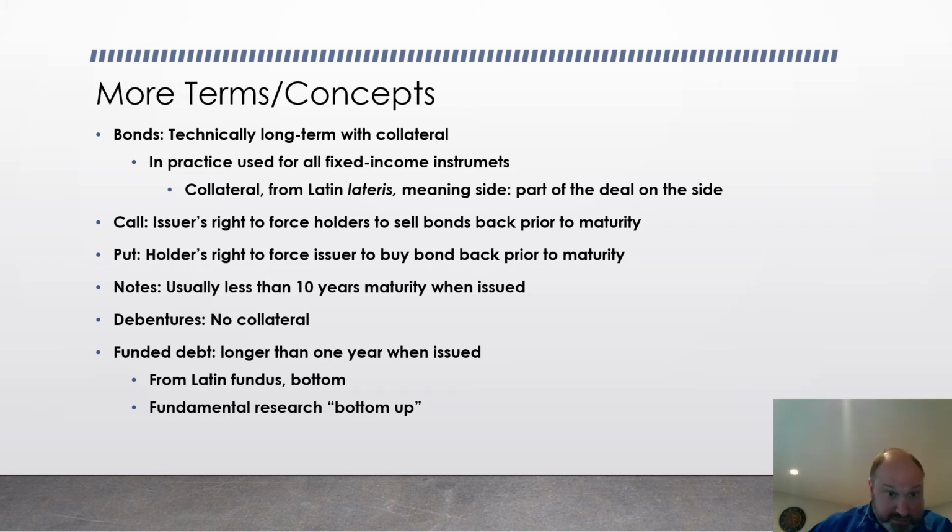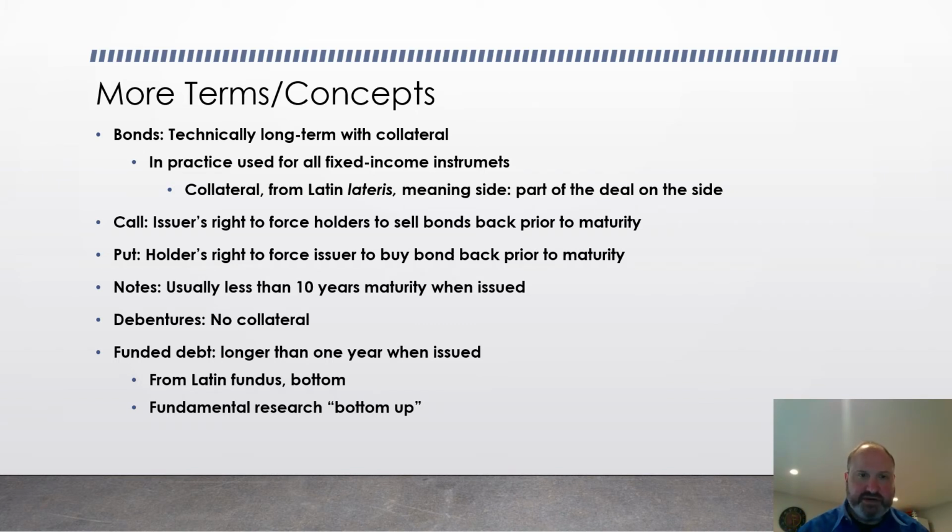Okay, so bonds technically have collateral, but in reality, we just use the word bond to cover pretty much anything that borrows money and then pays it back. Call option very quickly means the issuer, the company that borrows the money, may say it's a 20-year bond, but the company may say, even though we're borrowing money for 20 years, we want the right to pay you back after 5 years. And why would a company want to do that?